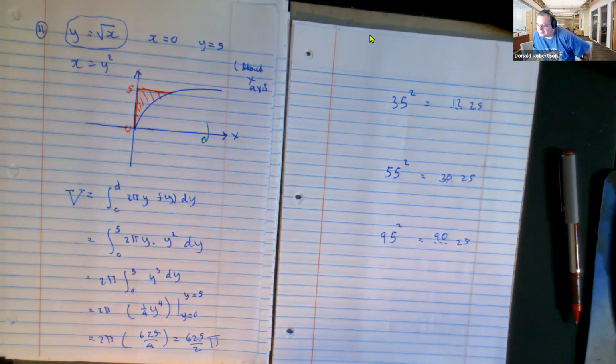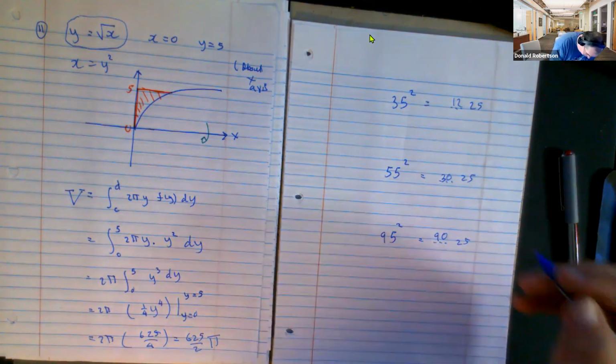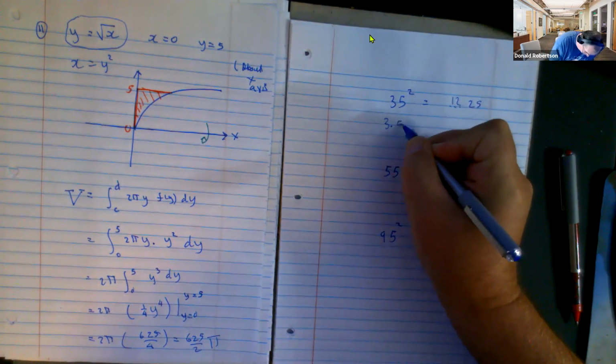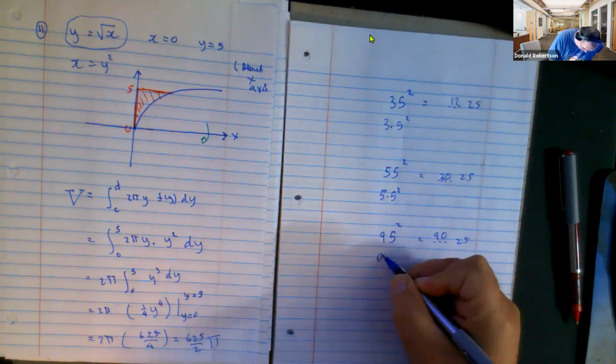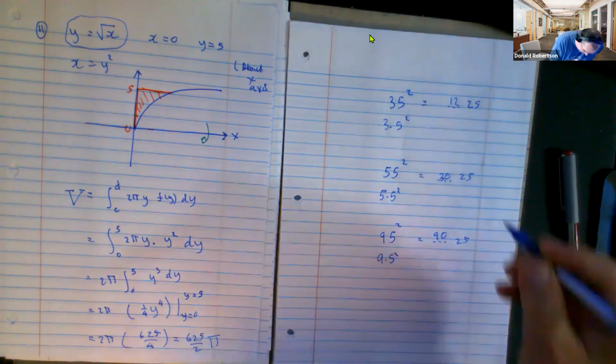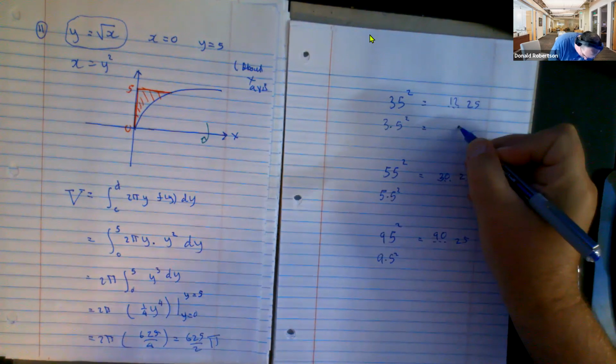Cool? Totally useless. Well, maybe not totally, but how many times are you going to do 55 squared, right? Probably not a lot. But it's kind of nice. You can even do it with decimals. If you want to do 3.5 squared, 5.5 squared, or 9.5 squared, the answer ends in a 0.25.